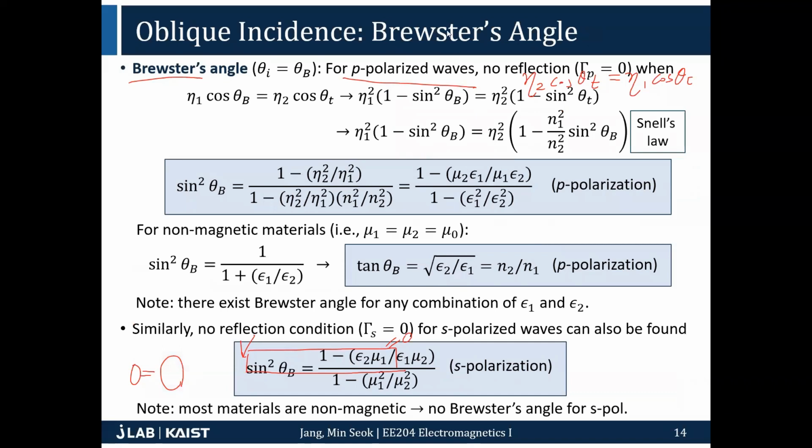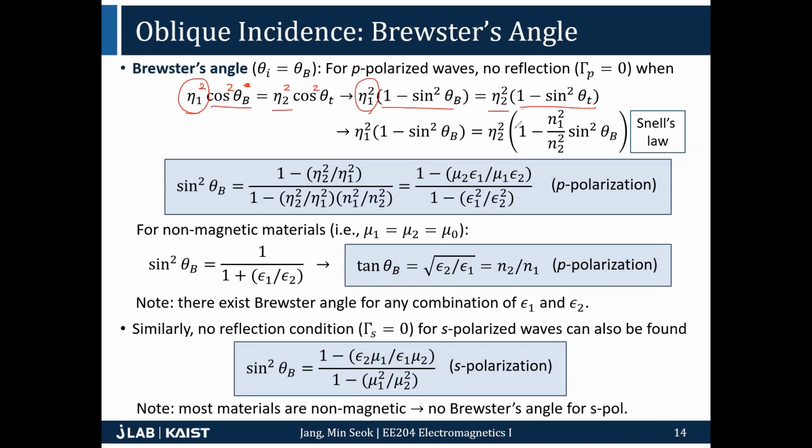Okay, and then that condition, I just rewrite it here, right? And then what can we do? We can square both sides. Then this becomes eta 1 squared cosine squared theta_B, which is 1 minus sine squared theta_B, and here, eta 2 squared, 1 minus sine squared theta_t.